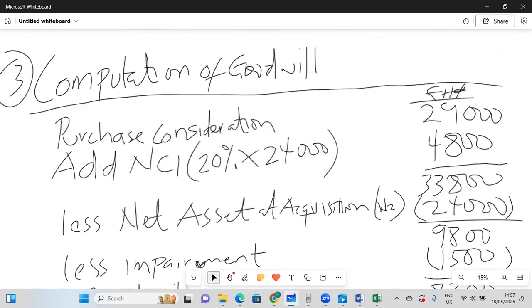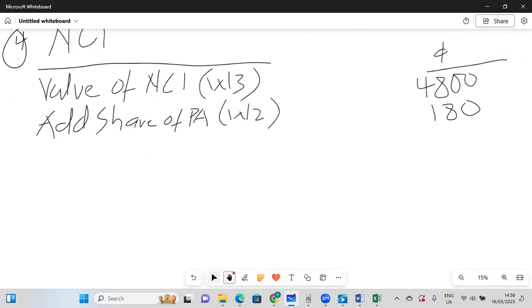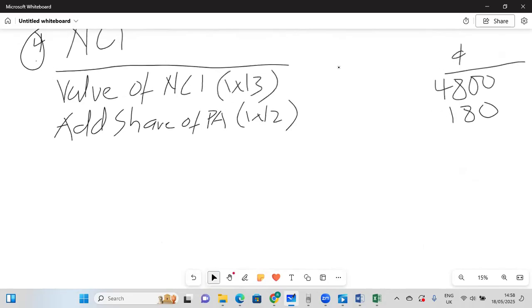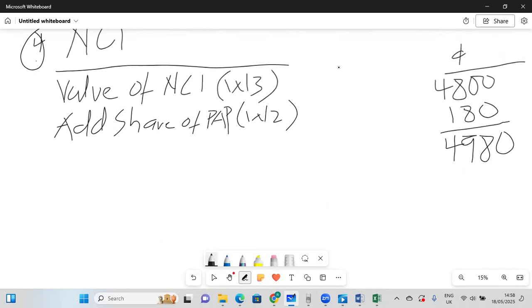So that's the same thing here. Right, so it's going to be 4,980. There it is for NCI.